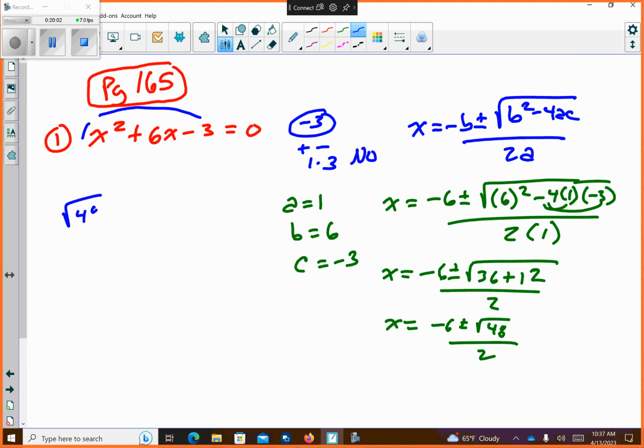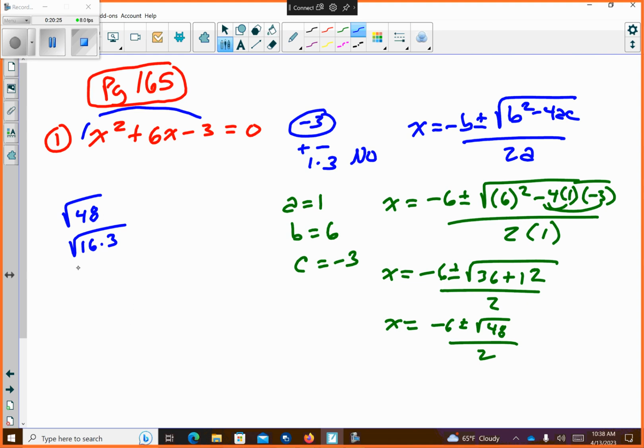So over here on the side, root 48. 48's the gotcha one. What's the biggest perfect square that goes into 48? It's the gotcha one. What? 16. Very good. 4 indeed does work, but 4 is not the biggest perfect square. So the square root of 48 is the square root of 16 times 3. Again, double check on your calculator.